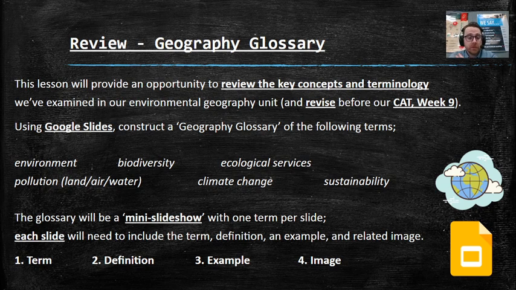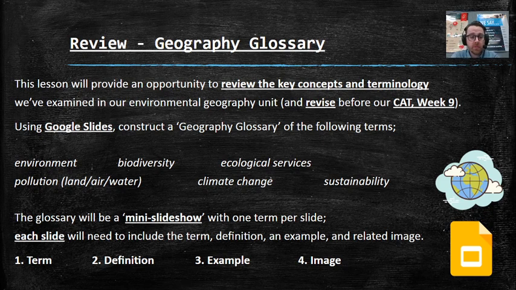Pollution, not just air pollution like we looked at in Linfen, but also pollution to the land, so land degradation, salinity problems, and water pollution. Climate change, which was a big topic we looked at in, I want to say, week 6. And sustainability is the final term to include in your glossary.